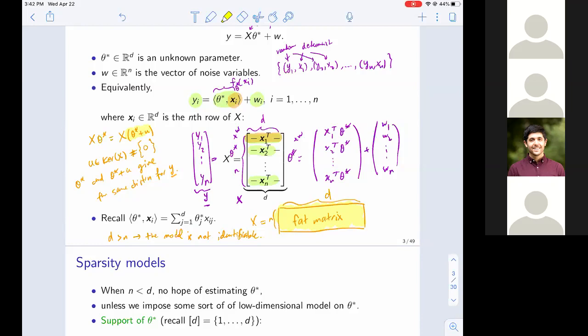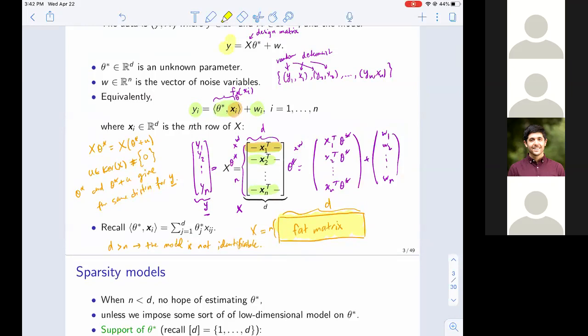And so this means that I can replace theta star with theta star plus u, and the distribution of y does not change. So this tells us that theta star itself is not identifiable. So we can't try to estimate theta star.